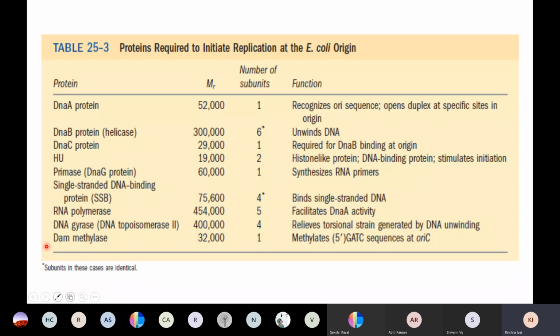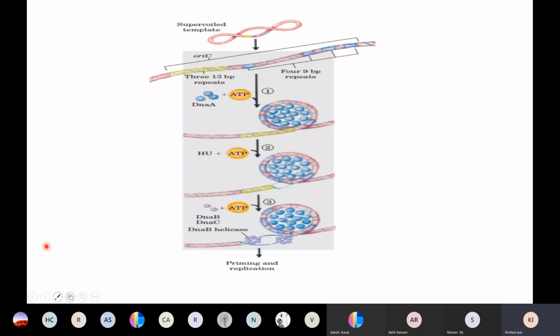So just to give you an idea of how exactly this happens, here is the picture. If you look at this region here, this is double-stranded DNA, and if you look closely, you can see the helical structure. This is the region with the 13 base pair repeats, three of them, and then there are four 9 base pair repeats.